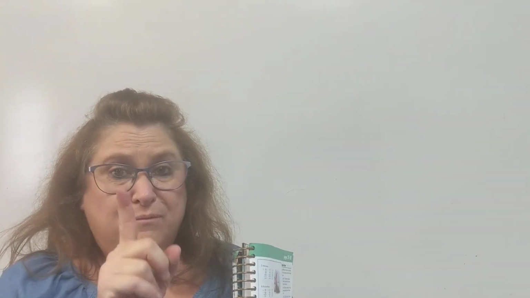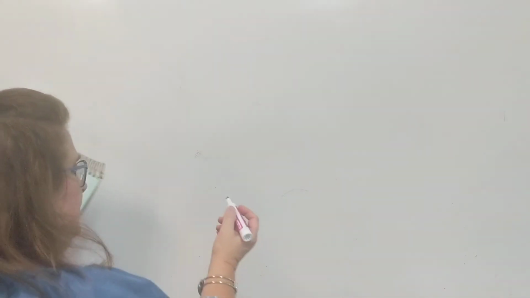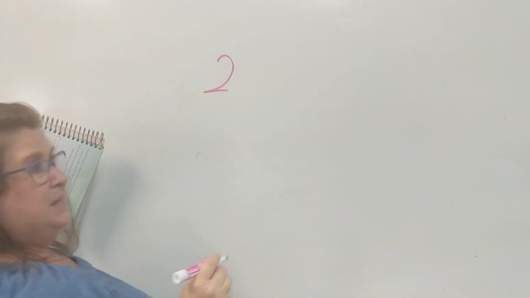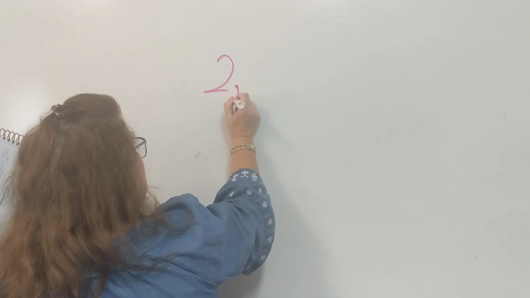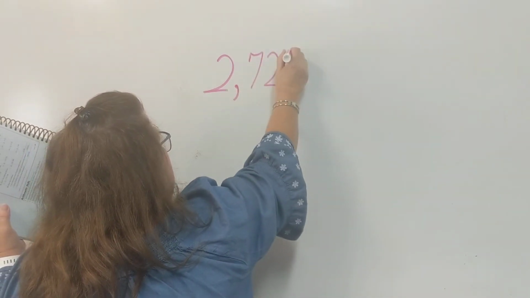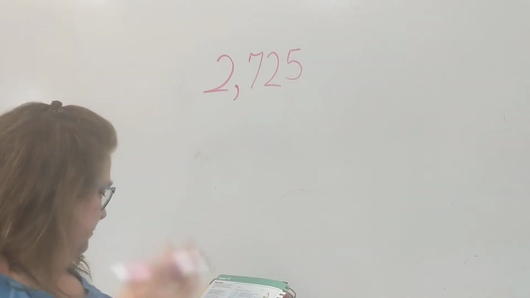And I know whenever I hear a last name, I have to place a comma. Okay? So if we were to write 2,725, we would write 2,000, that's the last name. I have to place a comma, 2,000, and then we just write 725. And that is how you would write that number.